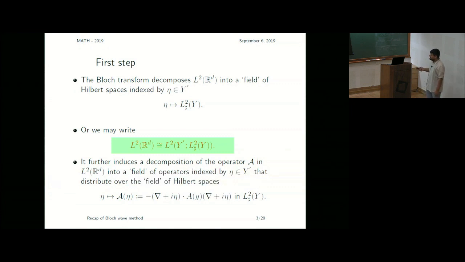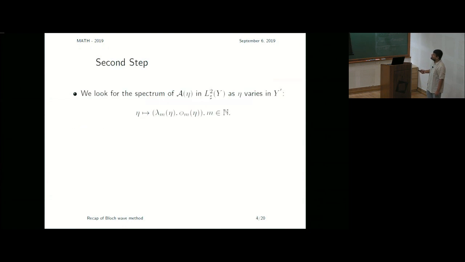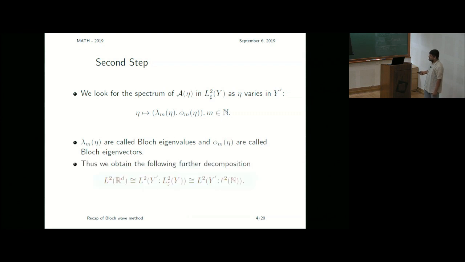So that's what we did first: we did this decomposition of spaces. And then we looked for the spectrum of the shifted operator A eta, and we obtain eigenvalues parametrized by eta, lambda m eta and phi m eta, which are called Bloch eigenvalues and Bloch eigenvectors. This can be written as a further decomposition of L2 of Rd. Basically, this L2 of sharp Y, we're writing as little L2 of n.